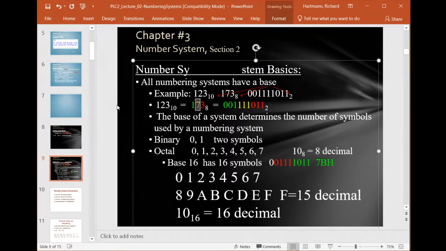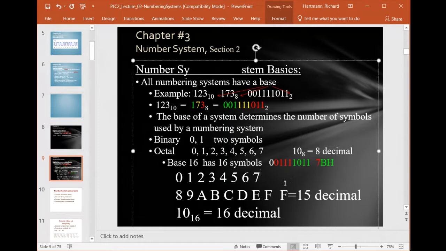Start from the right, because here I had to add 2 extra leading zeros. If you're doing hexadecimal, you match 4 bits. And the 7 here should be red.